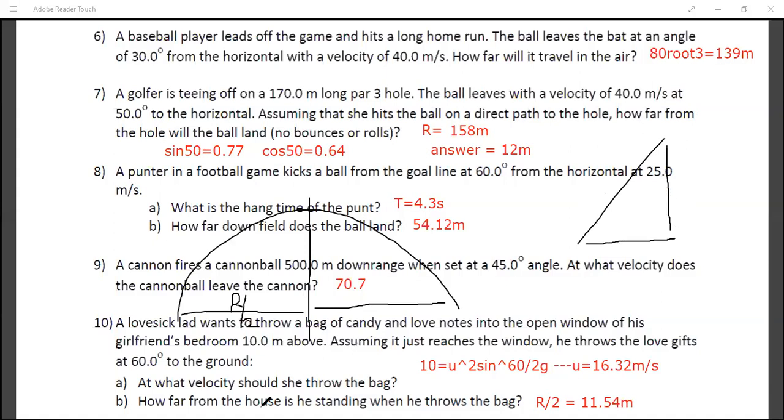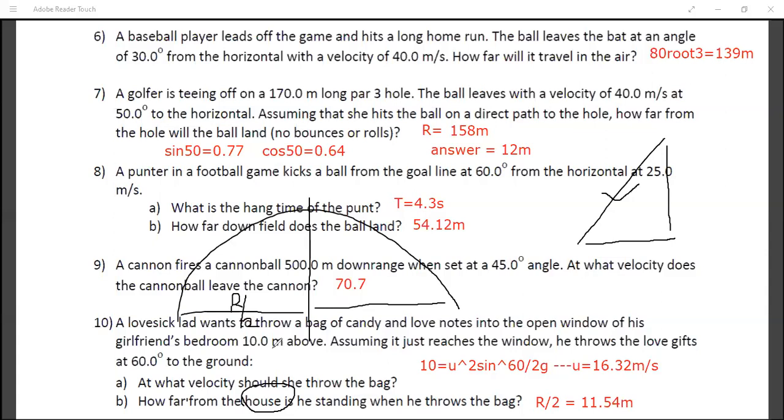If they would have specified how far from the window, then you can say they need this answer. Okay, sir. So how should we proceed in this question? Since it is said that it has to just reach the window, the velocity should be such that the maximum height is nothing but the height of the window.